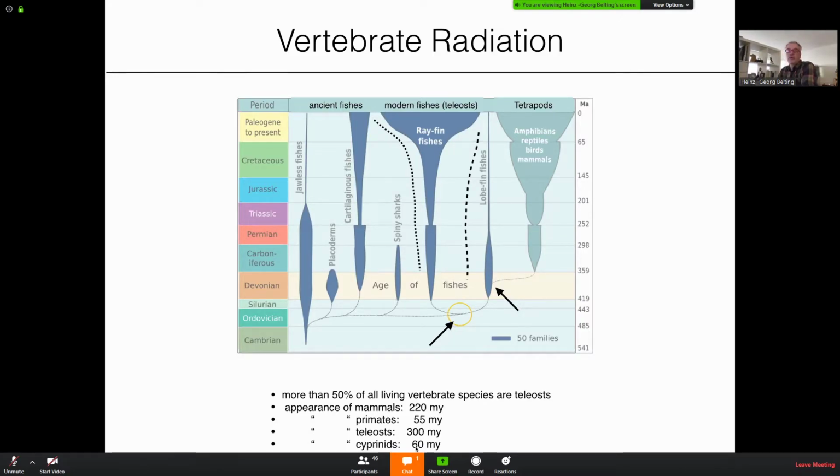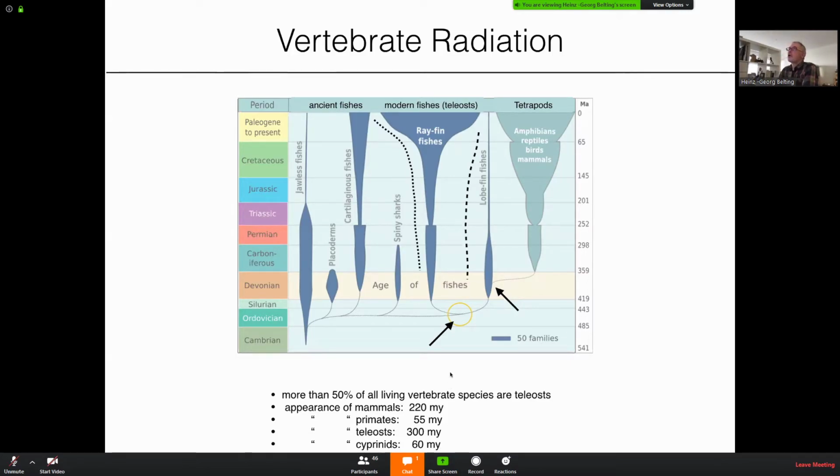I mean, evolution happens in parallel. There is no really primitive and advanced organism in that sense, because all the organisms that we have are adapted to what they need to do. And so they have evolved different strategies for survival, but in principle, cyprinids, for example, are more modern than mammals if you want, because mammals already existed 220 million years ago, but cyprinids only 60 million years ago.